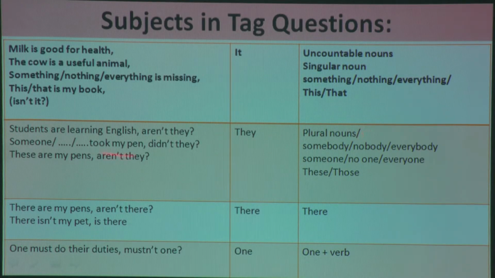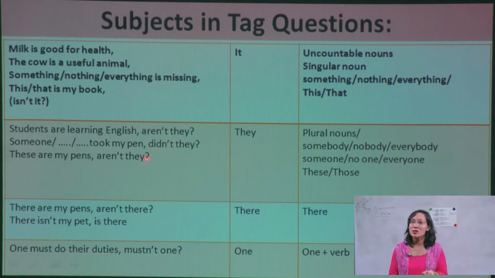Students are learning English, aren't they? And someone, somebody, anybody, nobody, everybody are indefinite pronouns. Somebody took my pen, didn't they? As it is in the past, for them we use they. Remember, for something, everything, nothing we use it, but for somebody, anybody, nobody, everybody, we use they.